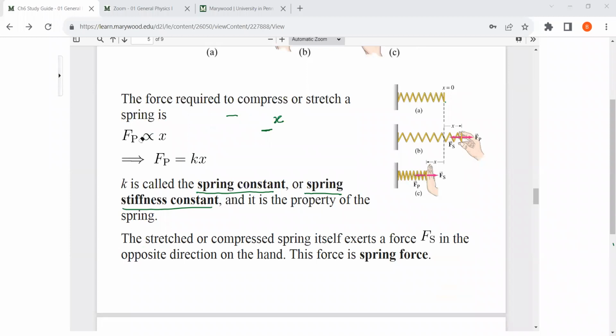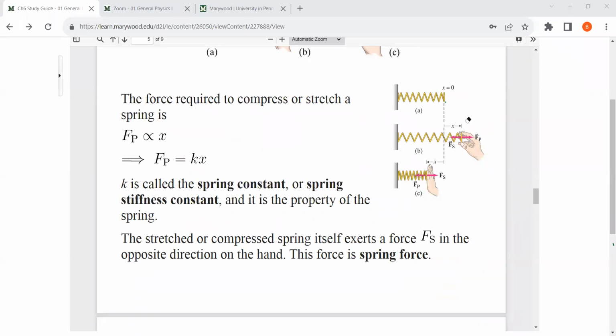All right. Now, what happens if you release this force? Here you are applying a force, Fp. Here also you are applying force Fp. So what happens if you release this force? If you release this force, it will try to go back to its original position, the equilibrium position.